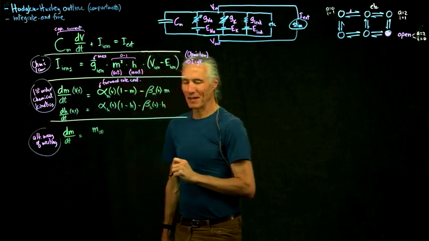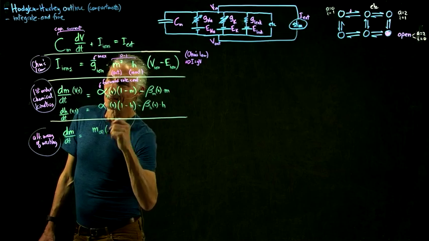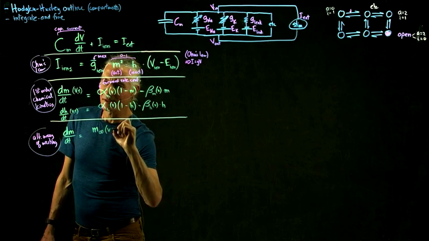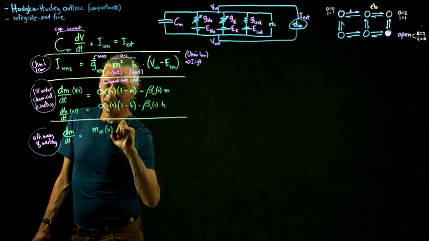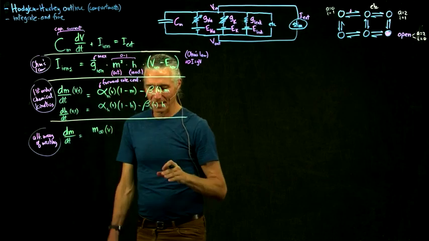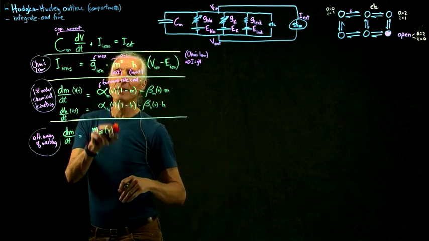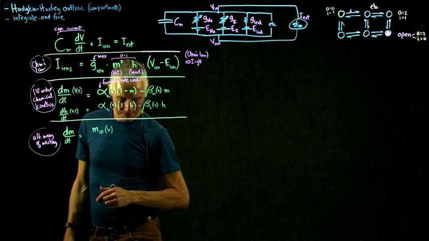So what does that mean? This means the state of the activation variable after we're in the steady state a long time, for instance, having put a voltage clamp on so the voltage isn't changing, and then just waiting until everything dies down and figuring out what the state of that activation variable is. That's what that m infinity means.